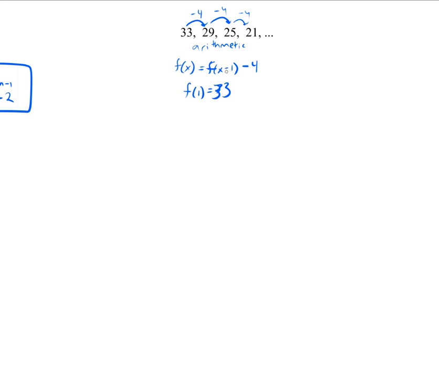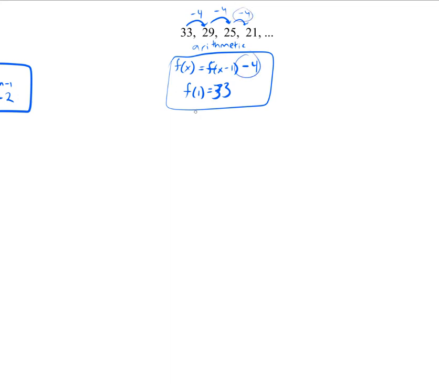So f of x is equal to f of x minus 1 minus 4. And if I just continue on and on and on with that sequence, this function will help me get there. So just remember each one is a negative 4 because of this negative 4 up here, right?